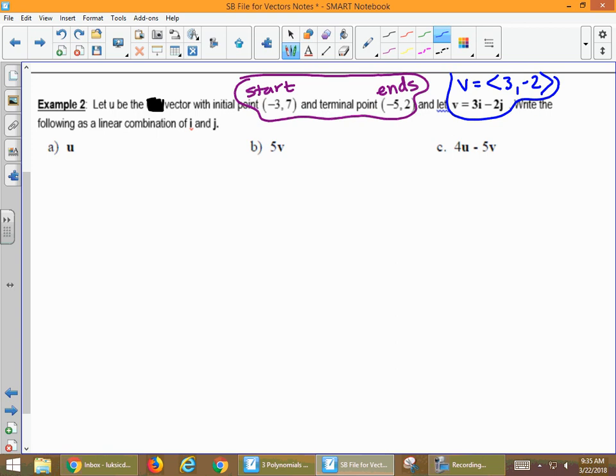So from yesterday, we know that the way to find that vector if we're given 2 points, and I'm going to go component form first, is to subtract the last point minus first with our x's. So we're going to do negative 5 minus negative 3. That's going to be our horizontal component. And 2 minus 7 is going to be our vertical.